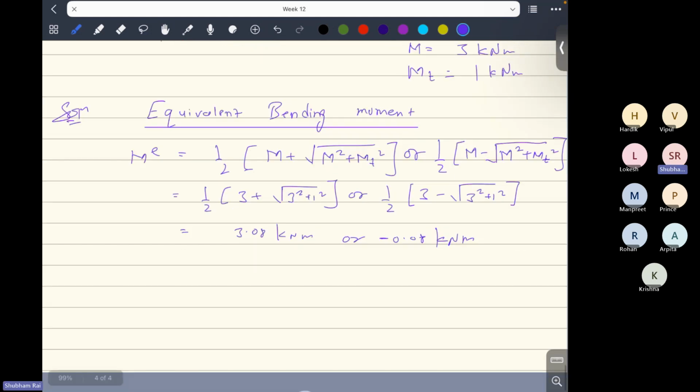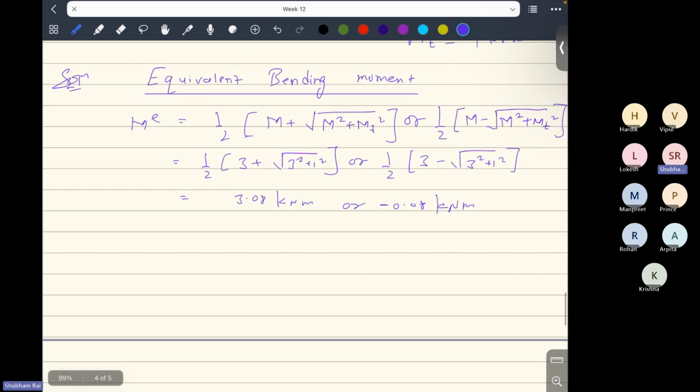So this is the equivalent bending moment that you have obtained, and what will be the maximum principal stress?